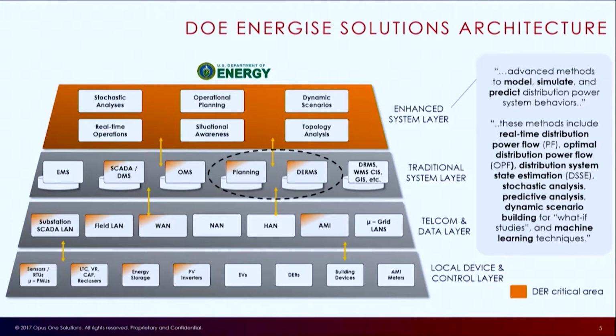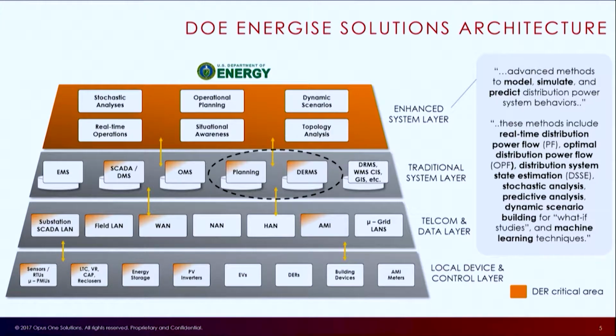Another parallel architecture from the DOE ENERGISE program rolled out about a year and a half, 2 years ago is a 4-layer framework. The bottom is the devices, then telecom and data, the smart grid type of layer, then the traditional systems layer, basically enterprise data, warehouses, and analytics. Now there is an interesting enhanced system layer that DOE has highlighted, which are emerging functionalities that are in, I would say, late research or early commercialization phase that are required to enable and leverage these DER values for planning, operations, and markets.